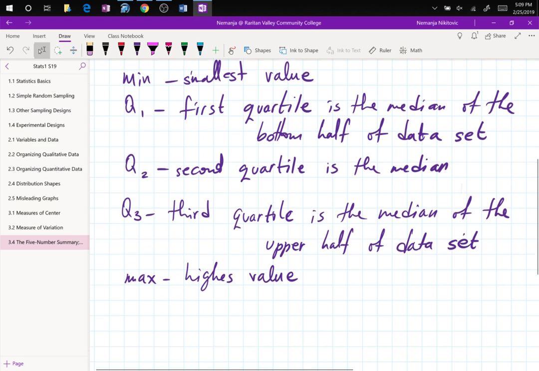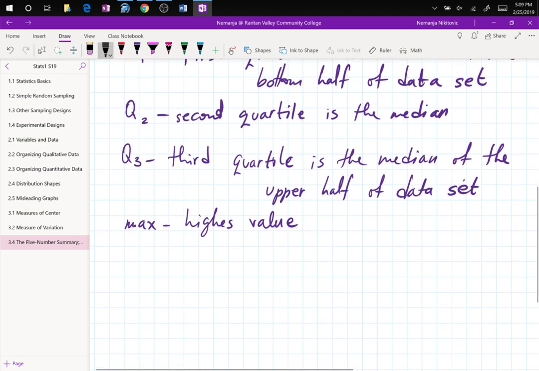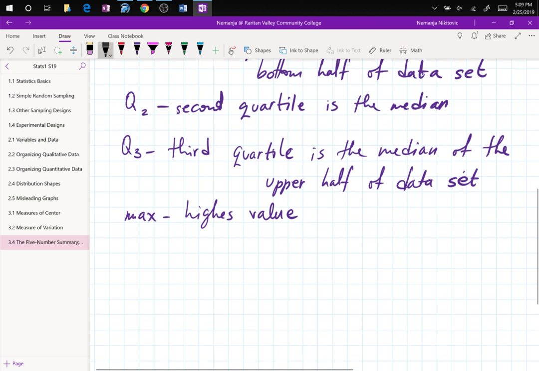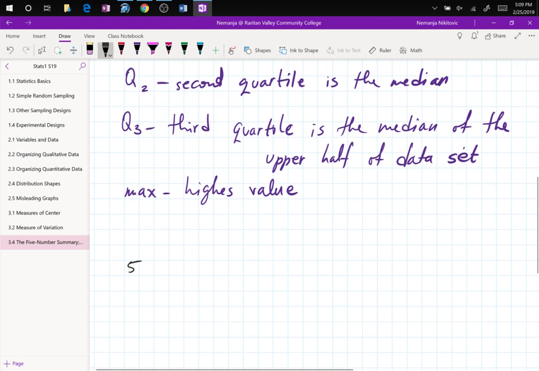So these are your definitions for the numbers. And now we can quickly put an example here. Let's go: 5, 7, 7, 8, 9, 10, another 10, 15, 16, 19, 23, 24. That's good enough.